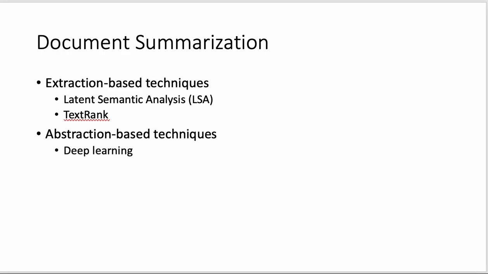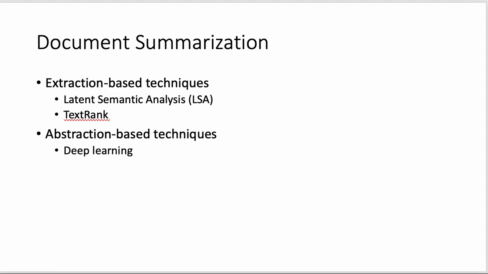extraction-based technique. In extraction-based technique, we use mathematical and statistical concepts like SVD, which stands for singular value decomposition, to extract some key subsets of the content from the original document. The subset of the content contains the core information, and it can act as the focal point of the entire document. This content can be words, phrases, or even sentences.